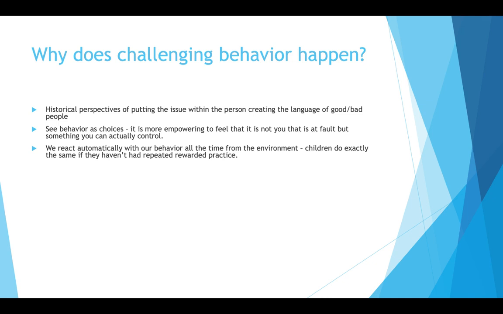We react automatically with our behaviour all the time from the environment, and children do exactly the same if they haven't had repeated, rewarded practice. So if they have always run out of class when something's been difficult, they will always run out of class when they find something difficult until they've had repeated, rewarded practice. Okay?